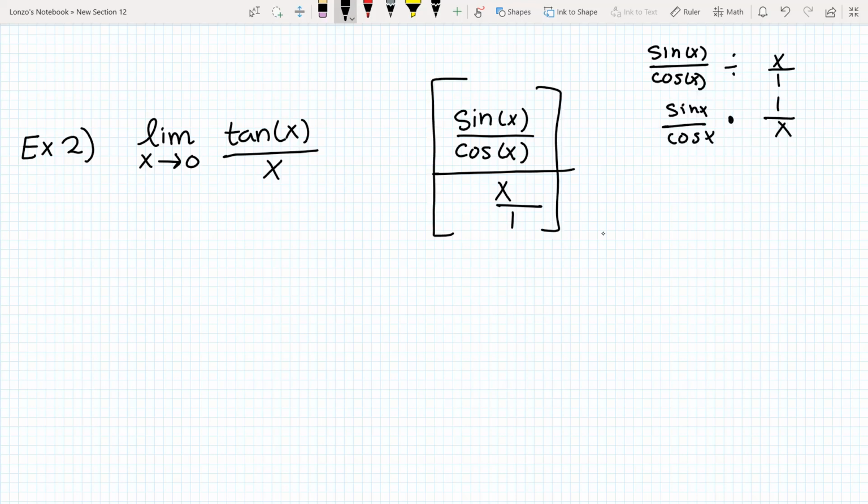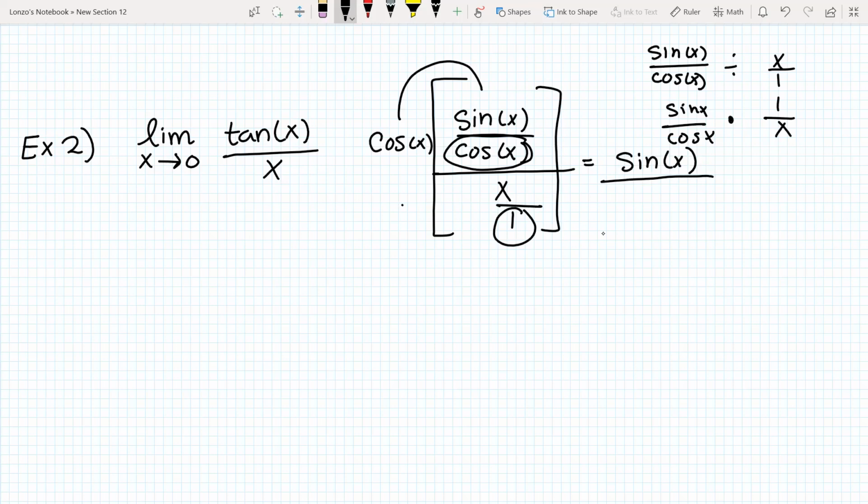On the numerator, our denominator is cosine of x, and on the denominator, my denominator is 1. So my common denominator would be cosine of x. Cosine x times this, the cosine x cancels, so you're left with sine of x over cosine of x times x, which is x times cosine of x.